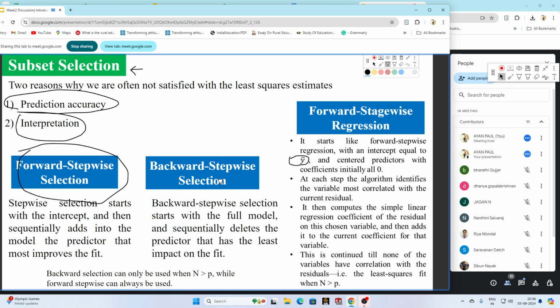Forward stagewise selection is similar to forward stepwise selection: we start with the intercept and then add features one by one, but the additional feature must closely correlate with the residual of the previous input or previous intercept. Okay, that is the concept.